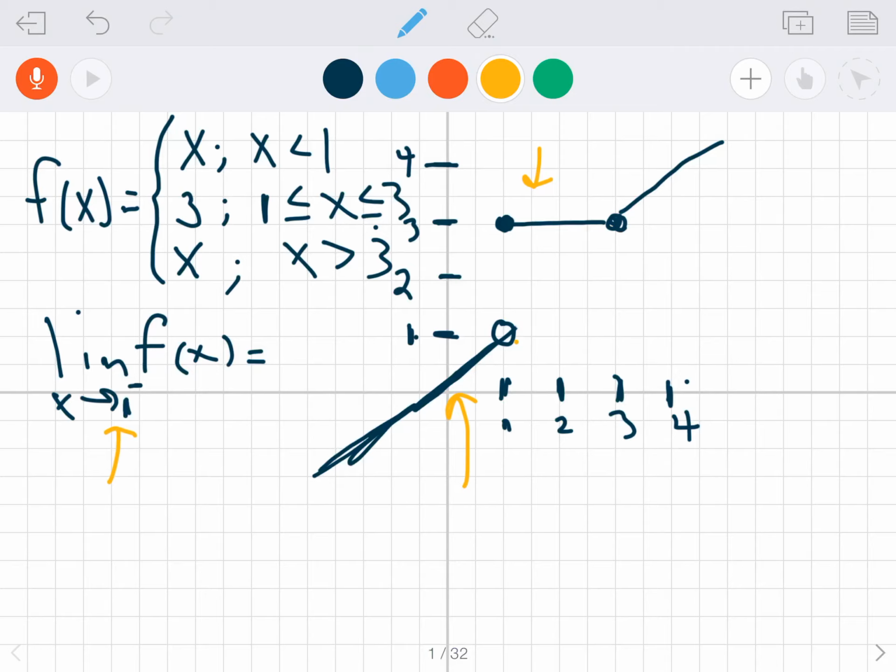So the fact that it's not defined does not mean that the limit does not exist. So as we approach 1 from the left, we are approaching what would be the y value of 1, so that is what our answer is going to be. We will have 1.